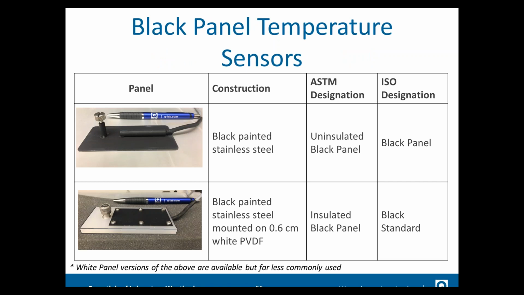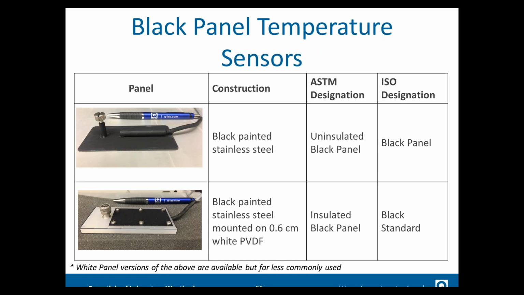There's two types of black panel temperature sensors. The first one is what is called in ASTM an uninsulated black panel, but in other standards you'll hear them refer to it as a black panel. And this is a steel panel that's painted black and can easily conduct its heat away to whatever it's attached to, which is normally a specimen holder or tray itself.